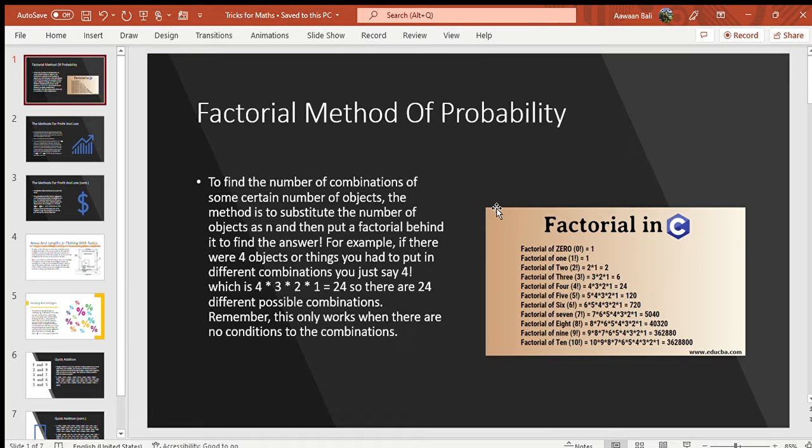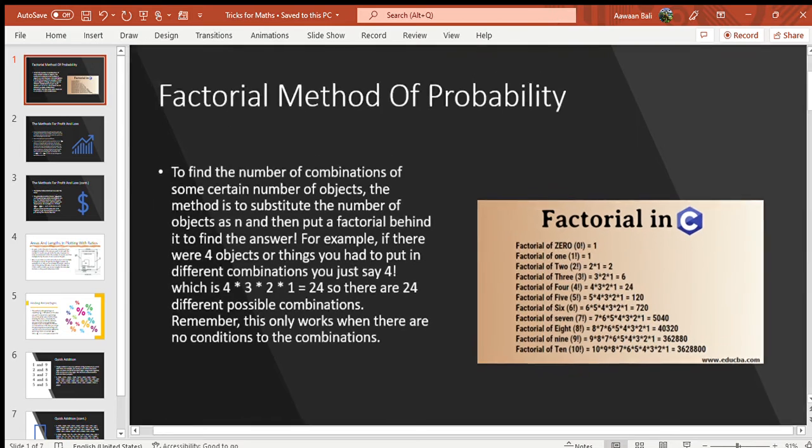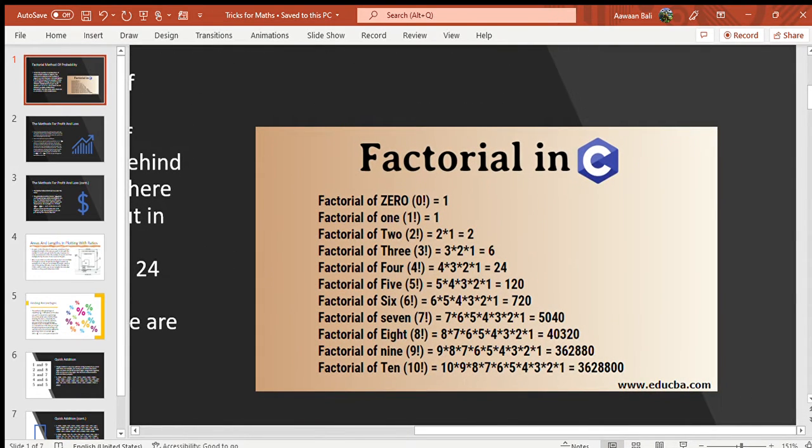Okay, so to explain this, a factorial is basically, if you look here, factorial of 0, 1 factorial is 1, 0 factorial is also 1, and 2 factorial is basically 2 times 1, which is equal to 2. So the number itself multiplied by all the numbers behind it is the factorial.